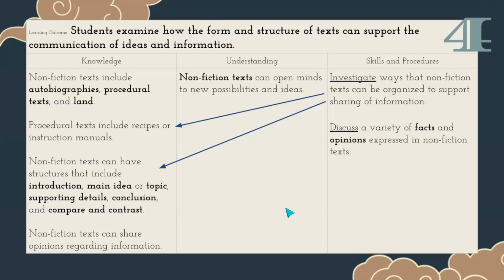You remember in grades 5 and 6, it becomes its own little category for the cusps in this particular outcome. So we're looking at ways that nonfiction texts can be organized, specifically looking at procedural texts as an example. So that could be super fun to look at, I think.